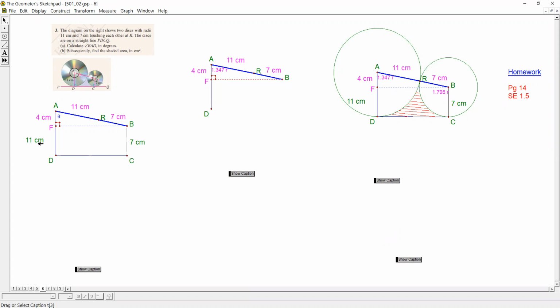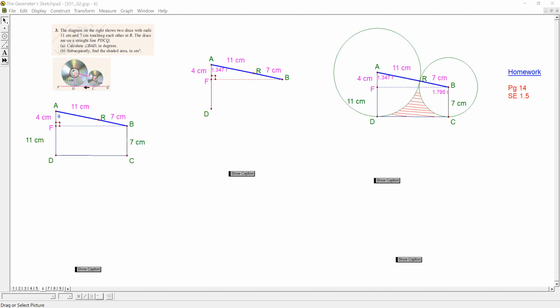I use green color. Now the red color is the one that I found out, so it's not given. The red color one is not given. Even the F here not given. These are the things that I add into the question to help me to solve the problem. You see, they give you a problem like that, and you cannot actually straight away find one. That's why there are so many people they cannot do at maths, because cannot straight away find.